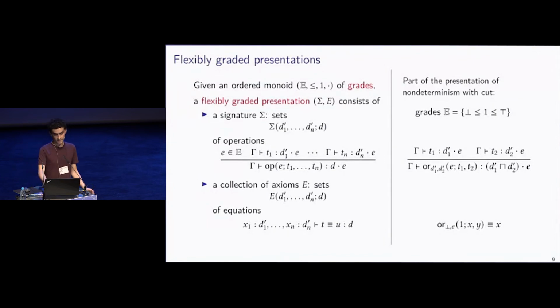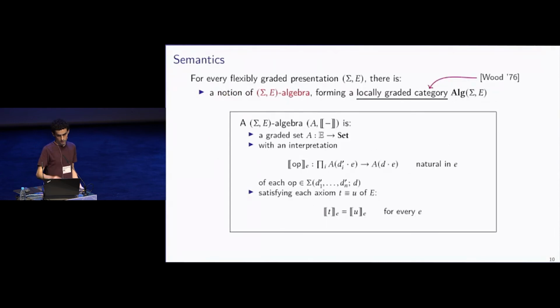Okay, so the rest of the story is that we want some nice graded monad with some algebraic operations. The first step to doing this is to define a notion of algebra. An algebra here is essentially a space together with interpretations of operations, such that these interpretations satisfy the axioms of the presentation. The notion of space here is what I'm calling a graded set.